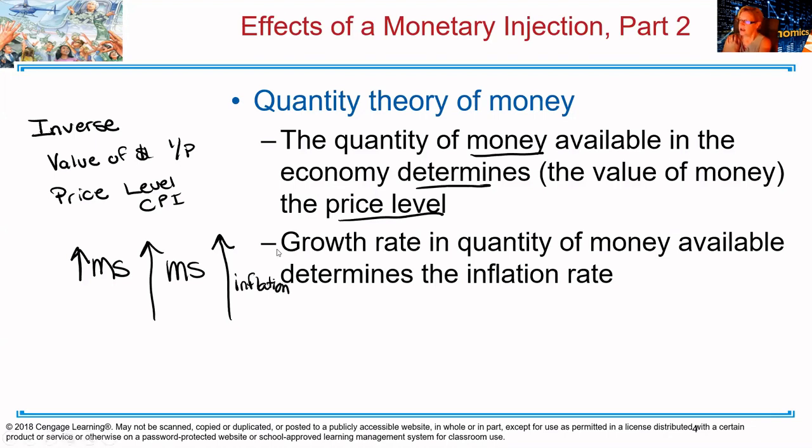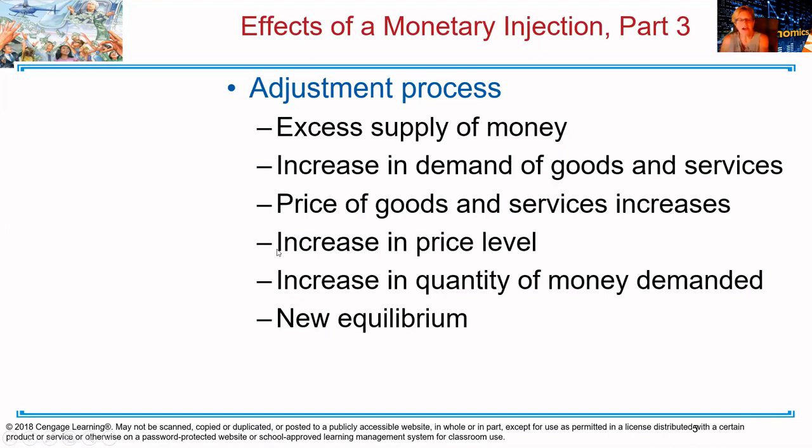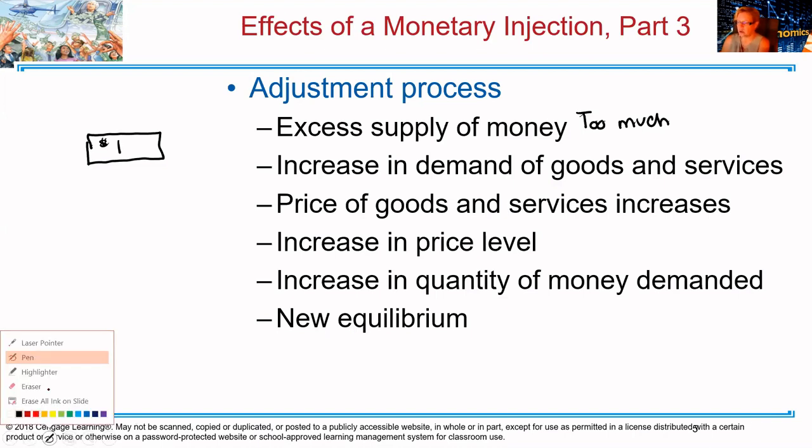Okay. So if we have an excess supply of money, too much money in the money supply, there'll be an increase in demand for goods and services. Why? Because if you take a dollar bill, what is essentially happening to that $1 bill is it's being eroded in value. As we saw just a moment ago, first we started with a $1 that only bought half as much.